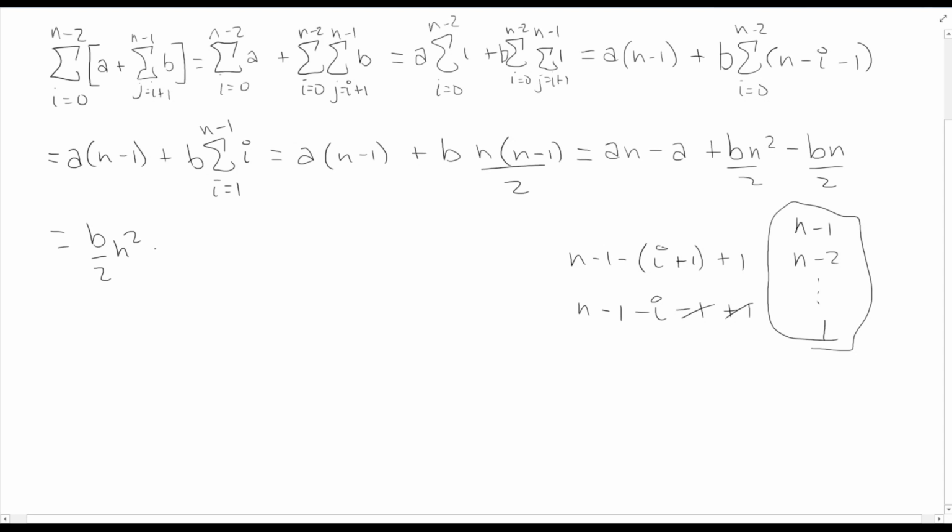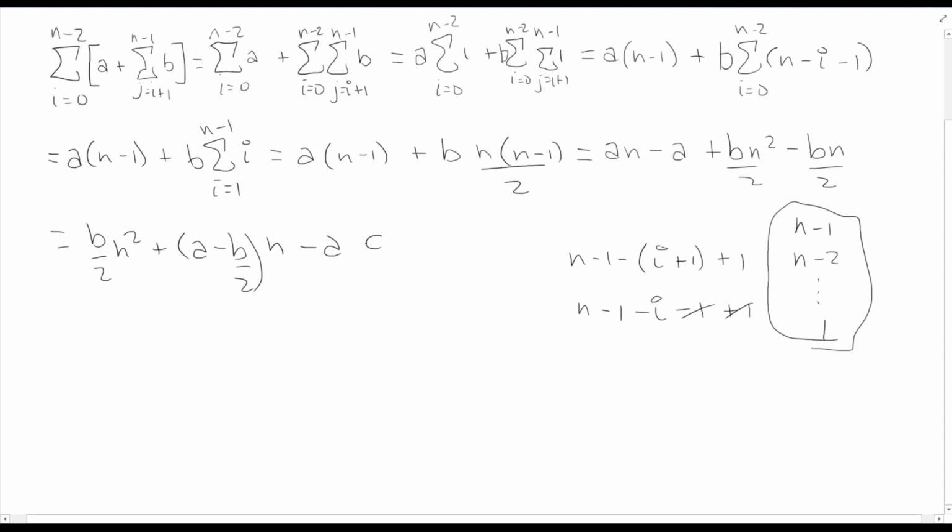Then we have an n term, and I usually put that as a plus. Let's see here, plus we're going to get, there's an an, there's going to be a minus a b over 2n. Oops, let's write it like that. And then that leaves us with the one term, the minus a.